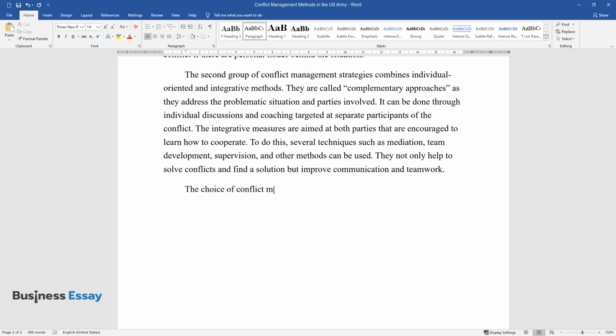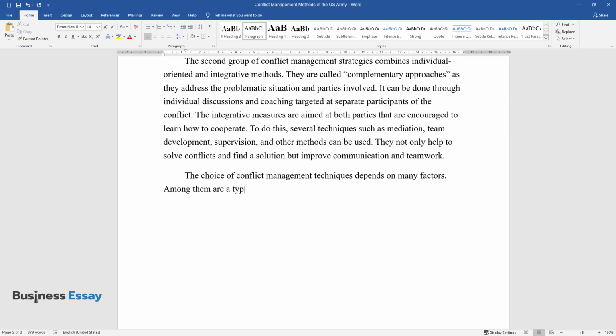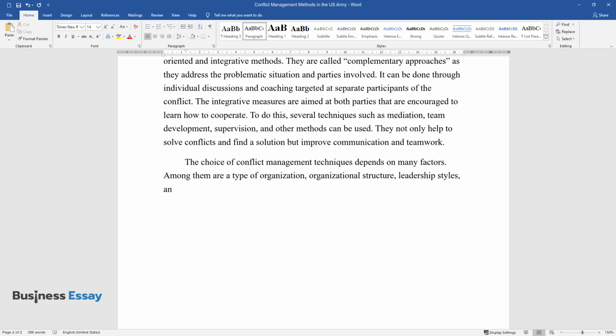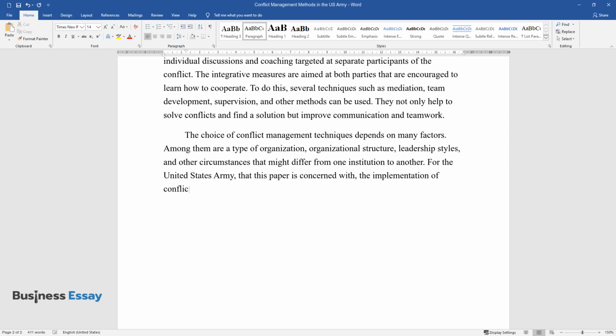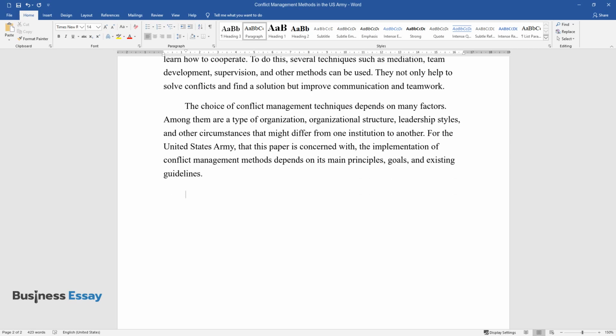The choice of conflict management techniques depends on many factors. Among them are a type of organization, organizational structure, leadership styles, and other circumstances that might differ from one institution to another. For the United States Army, that this paper is concerned with, the implementation of conflict management methods depends on its main principles, goals, and existing guidelines.